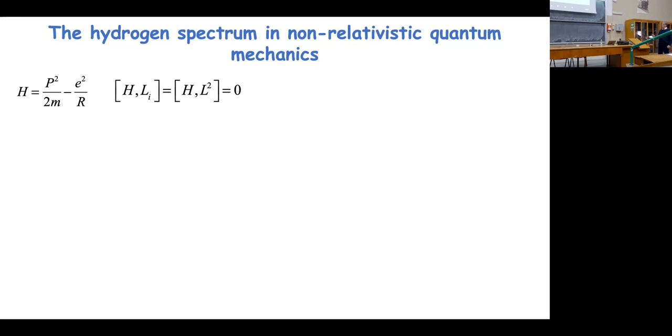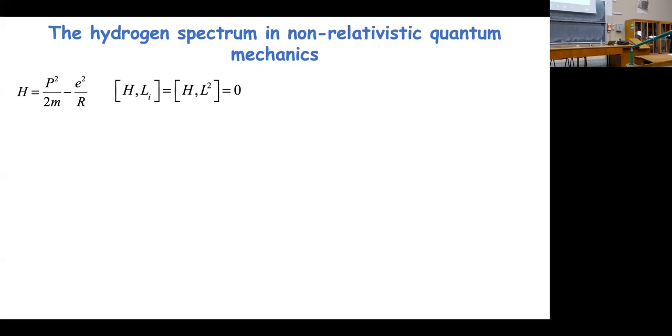This Hamiltonian commutes with L squared and with Lz. This commutation is a quantum analog of the fact that the angular momentum is a constant of motion in classical physics. To be a constant of motion means that you commute with the energy, with the Hamiltonian, which describes the translation in time of physical quantities.